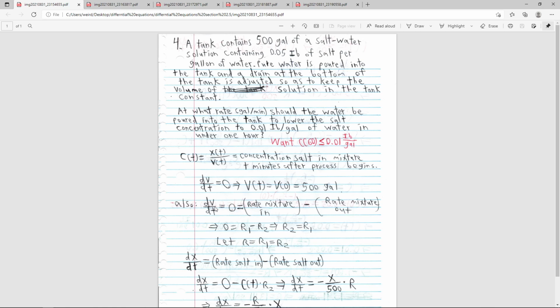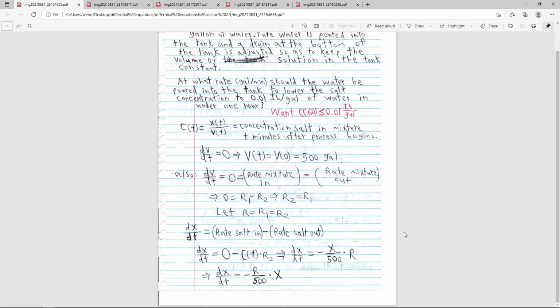We also know dv/dt equals 0, which means rate mixture in minus rate mixture out. So R1 minus R2 is equal to 0, or R2 equals R1 if you add R2 to both sides. So we can just say big R is equal to R1 equal to R2. We have to solve for R after all. That's the rate, gallons per minute.